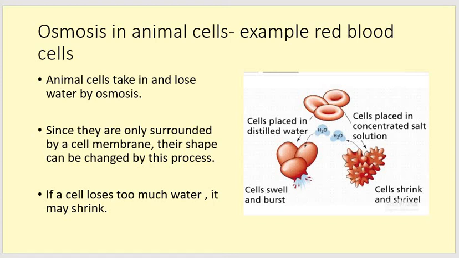And you've probably heard people say that they need to drink some water if they are dehydrated, and that is why, because it literally damages your cells. They will lose water, they will shrink, they won't function as effectively.